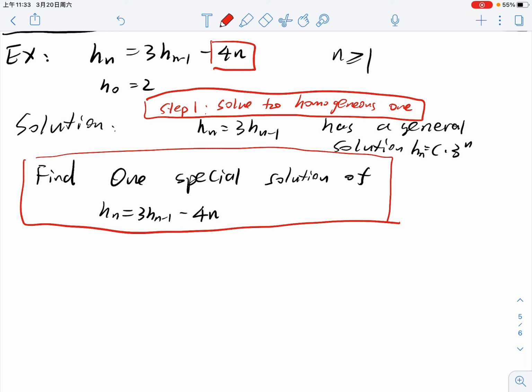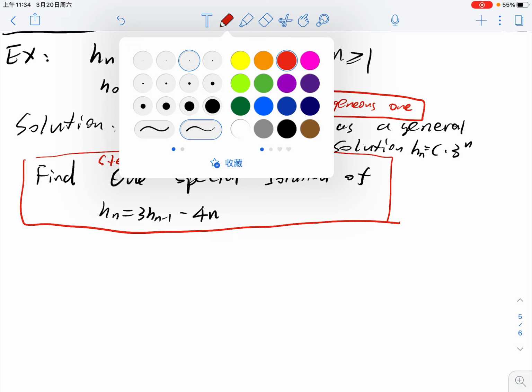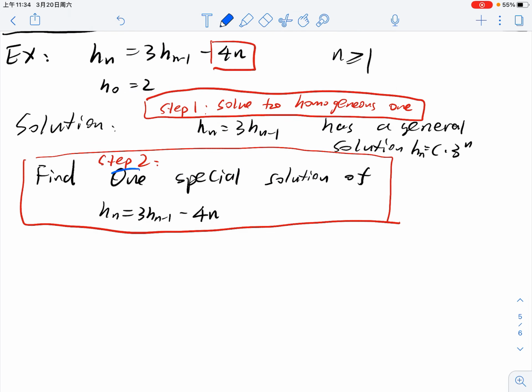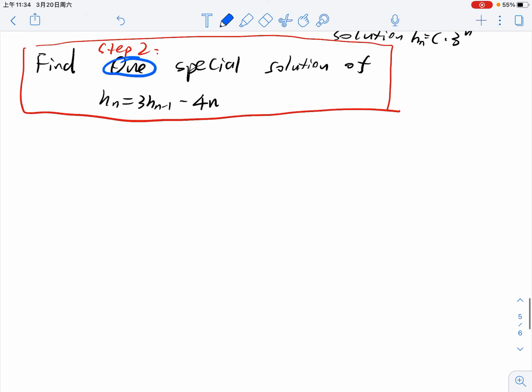And here you don't solve the initial data because it doesn't correspond directly to the initial problem. And step 2 is find one more special solution. So here the crucial thing is you only need one special solution. And step 3 is accommodate the initial data.